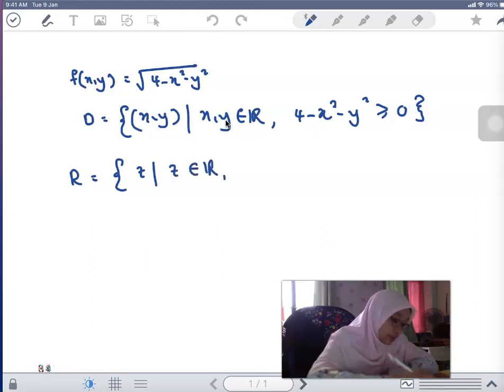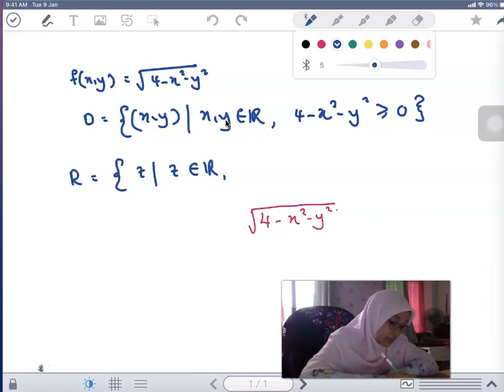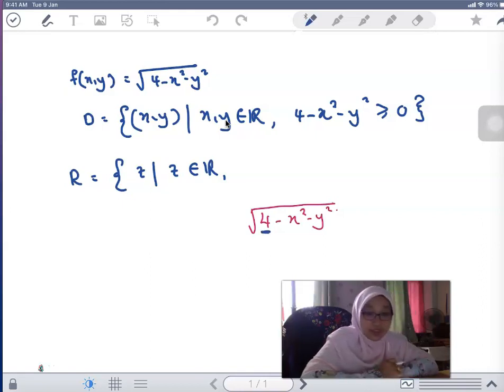Okay, so here, as I mentioned before, the whole expression on the right is the square root of 4 minus x squared minus y squared. And because we have the standalone constant, there is a possibility that the value will become an interval of z, or the range.